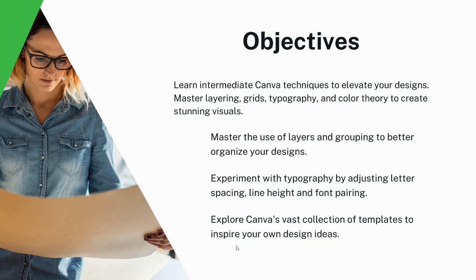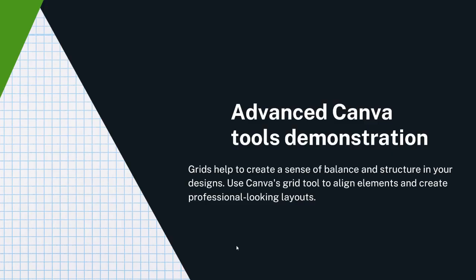But since we learned Canva, we got to learn the terminology that Canva uses, and typography is one of them. And being able to choose a color theory, a color scheme, a color palette. Those are some of the words that you'll be hearing today, so that we can enhance these visuals that we're creating, right? So let's go ahead and go to the next slide.